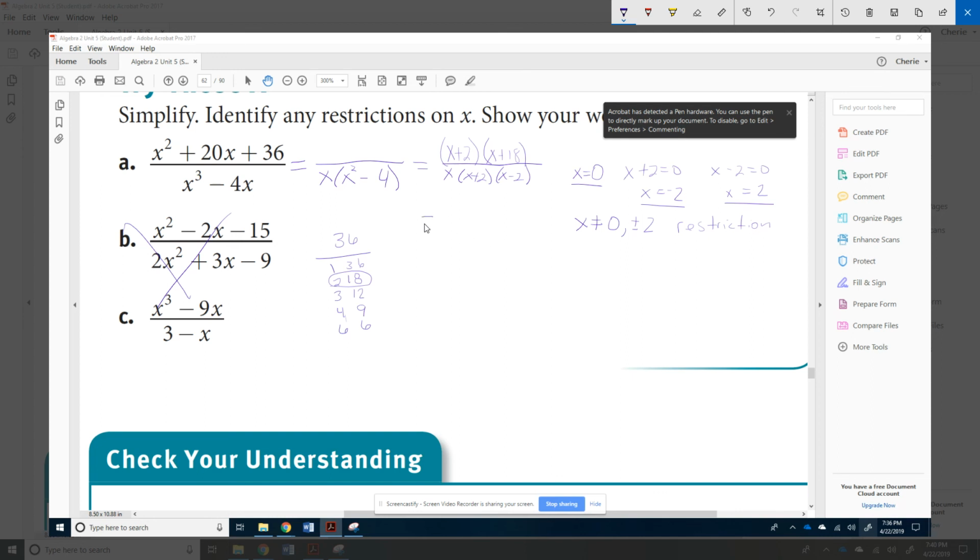Now, this rational function will simplify because we've got a factor on top that matches with the factor on bottom. You remember, here's our magic word again, cancel. It's not really a word. What we mean is that they divide out to be 1. So we're left with x plus 18 on top and x times x minus 2 on bottom. Okay, so that's simplifying that one.